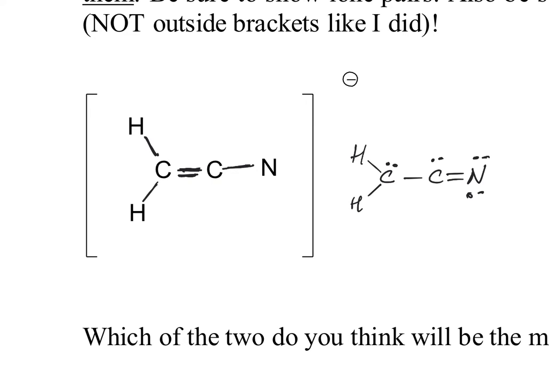In the left structure, the carbon on the left has 4 bonds, so no lone pairs. 1 lone pair on the central carbon, and 3 lone pairs on the nitrogen. Now are these good? Let's add up the electrons first of all. 2, 4, 6, 8, 10, 12, 14, 16, 18.